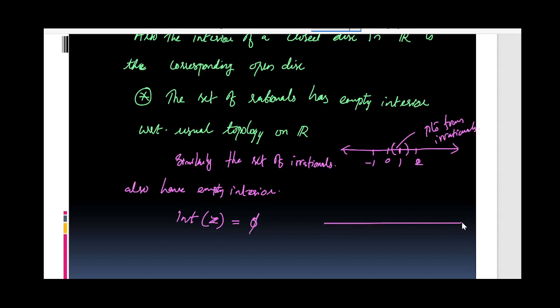The reason is that in Z we have 0, 1, 2, minus 1, minus 2. Whenever you take any neighborhood of minus 1 or 1 or 2 etc., definitely it will contain points other than integers. So we cannot find an open set such that it is completely contained inside your set of integers. So it should also have empty interior.